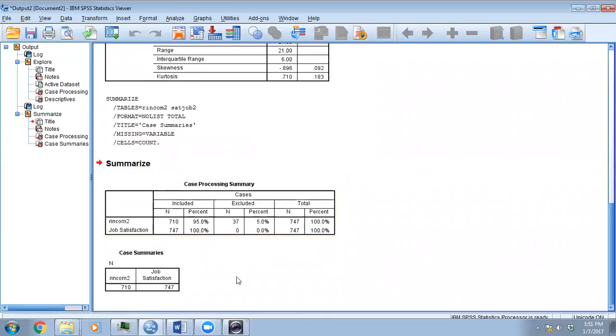In this case, we only have 2 variables, but when you're doing a factor analysis where you're dealing with 20 or 30 interval scale variables, then you have to see all these missing values and see if you see any pattern there.